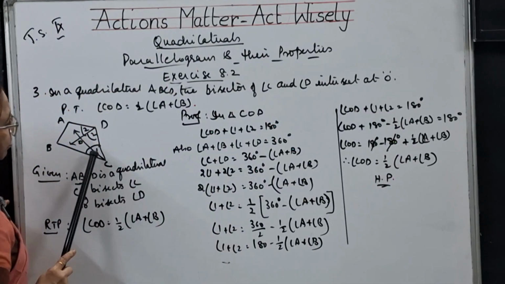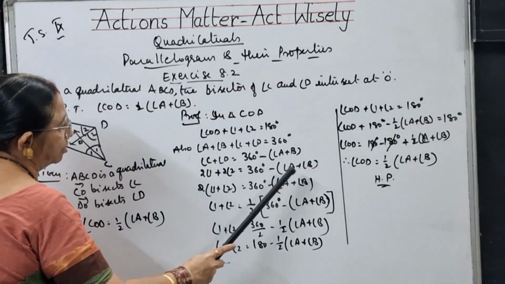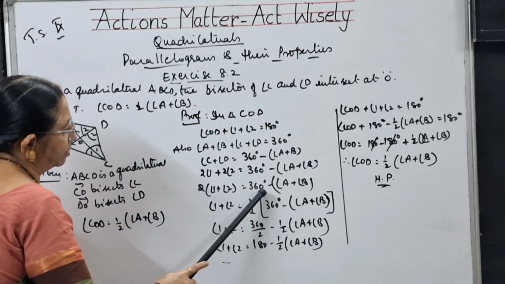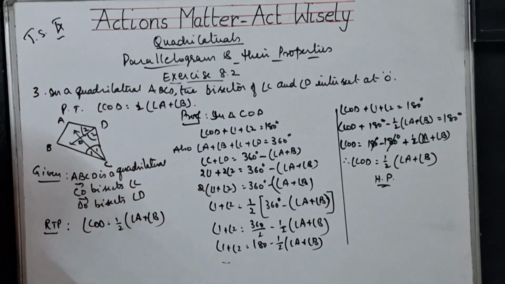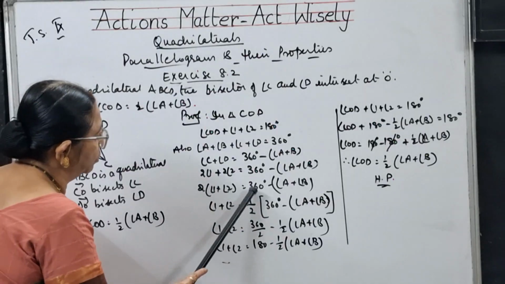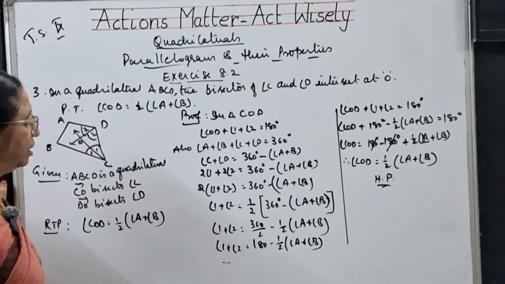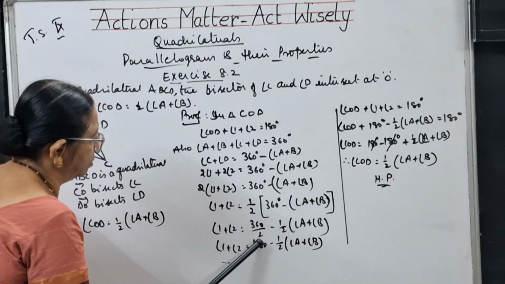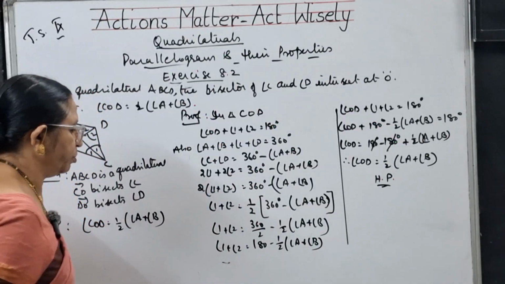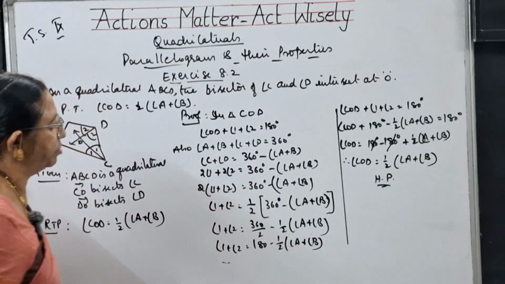Angle C means 2 times of angle 1 plus angle D means 2 times of angle 2 is 360 minus of angle A plus angle B. That is 2 into angle 1 plus angle 2 is 360 minus angle A plus angle B. So what is angle 1 plus angle 2? Half of, means this 2 when it goes here, half of 360 degrees minus of angle A plus angle B. That means angle 1 plus angle 2 is 360 by 2 minus half of angle A plus angle B, distributive property. So angle 1 plus angle 2 is 180 degrees minus half of angle A plus angle B.